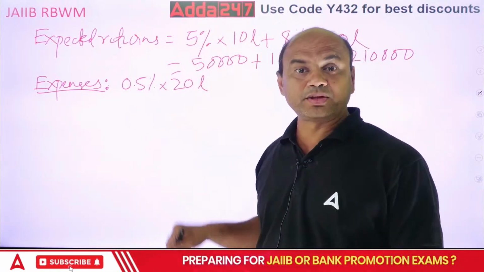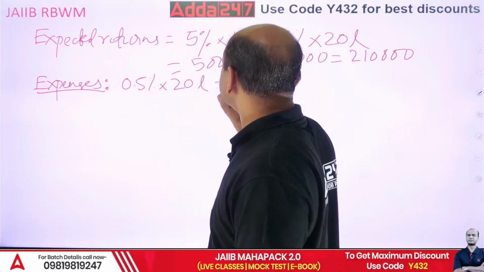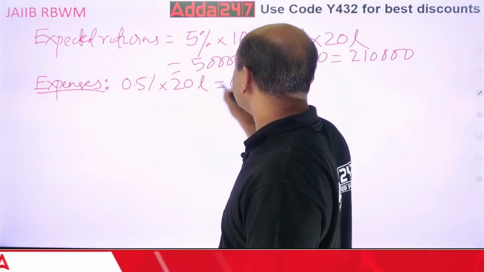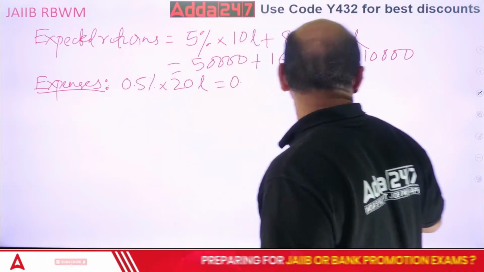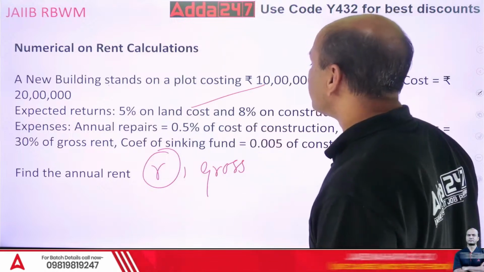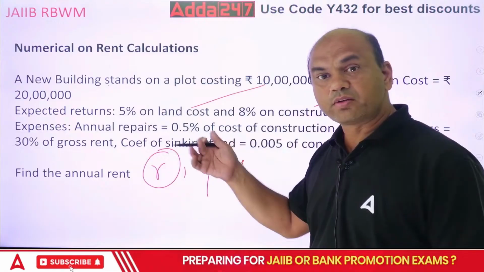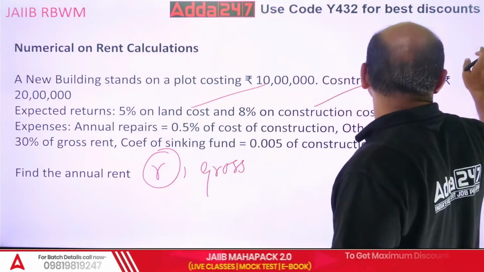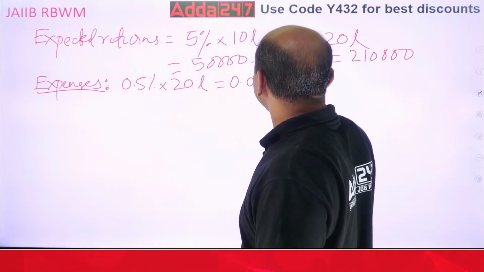So percent means divide by 100. It is 0.5%, okay? 0.5% of cost of construction. So 0.5 divided by 100 will be 0.005. 0.005 into 20 lakhs.